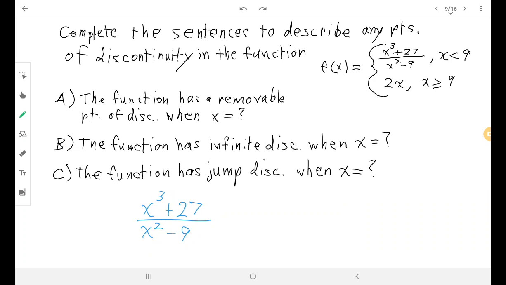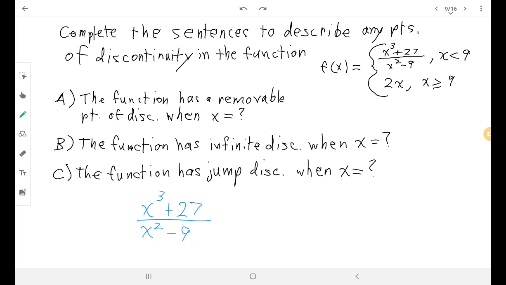So we may as well do it. But keep in mind that what we really want to think about is when that denominator is 0. Okay? And when the x value is 9, we want to think about that too, but we'll think about that as we go.